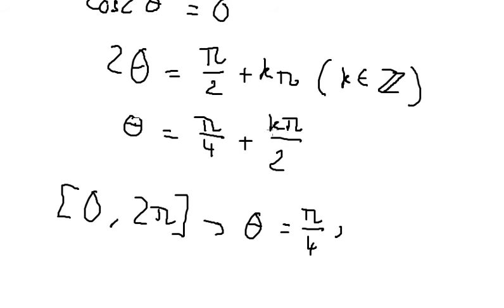When k equal to number 1, we have pi over 2, and that's about 3 pi over 4. The next one, we will have k equal to number 2, and we have 5 pi over 4. And the next one, when k equal to number 3, so we have 7 pi over 4.